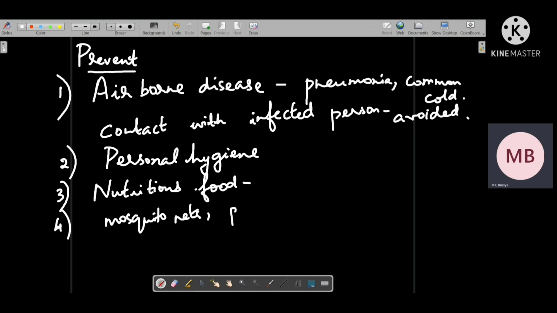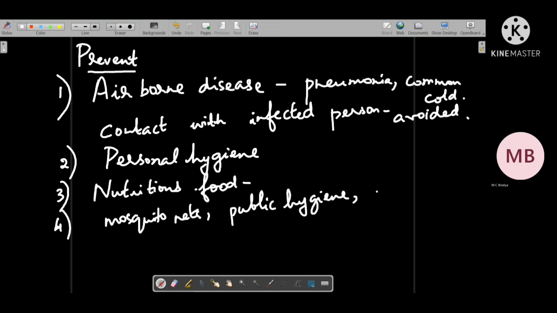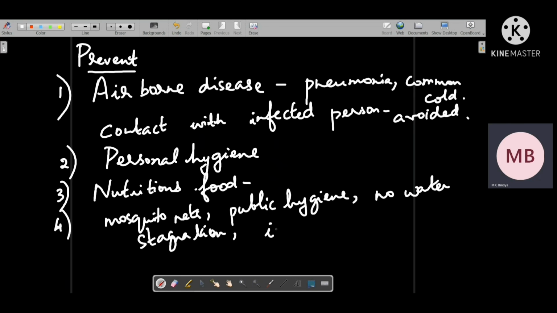then public hygiene, no water stagnation, and spraying of insecticides. Gambusia fishes are also used.